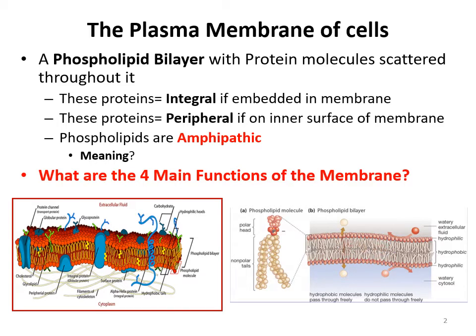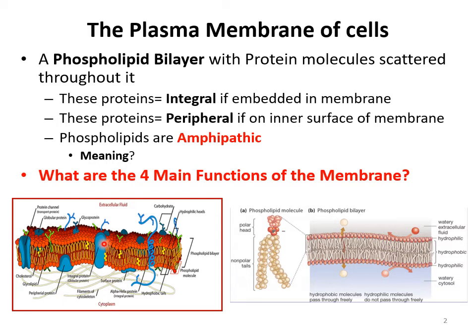Now, when we talk about proteins that are part of the plasma membrane as well, these proteins can either be embedded, meaning these long proteins you see here, these are called integral, meaning that they are within the entire phospholipid bilayer, so it will cross both sides, the inside and the outside layer of that membrane.